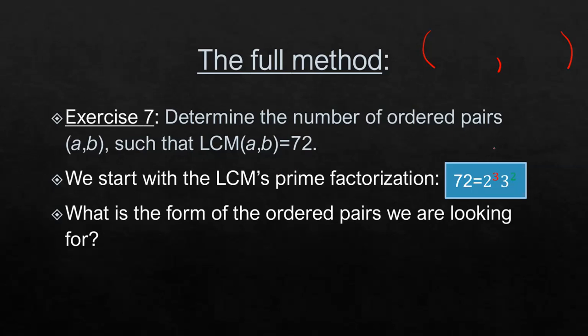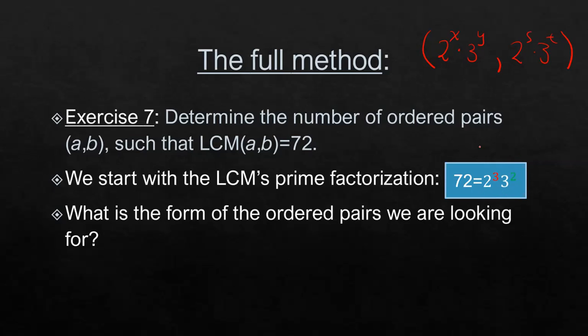Okay, so the idea was that since the prime factorization is 2 to some power times 3 to some power, then the ordered pairs would be of this form again, just exactly like in the last problem that we did.